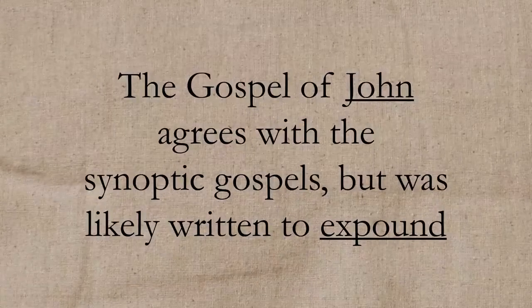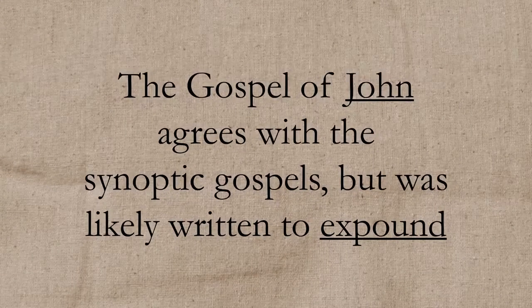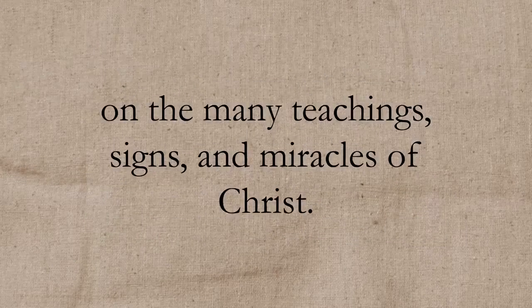So moving on, in your next blank, the Gospel of John is the last Gospel, and it agrees with the Synoptic Gospels, but was likely written to expound on the many teaching signs and miracles of Christ. So that last gospel is the Gospel of John, and it is not a synoptic gospel, but it was written most likely to expound on the many teaching signs and miracles of Christ.